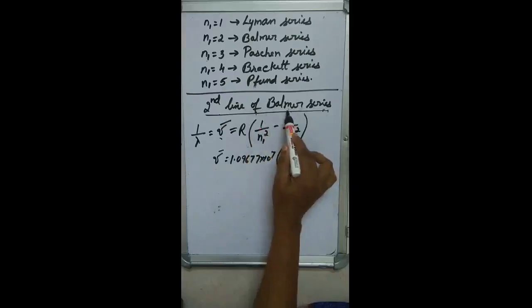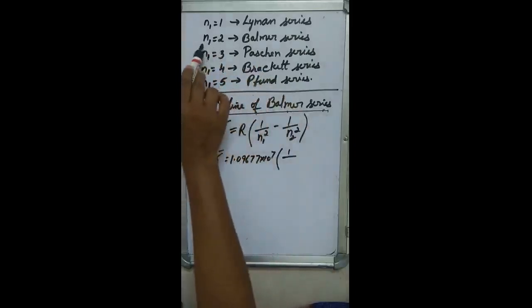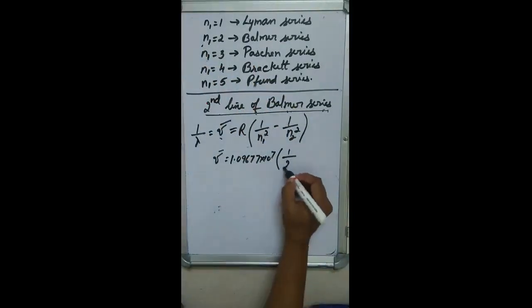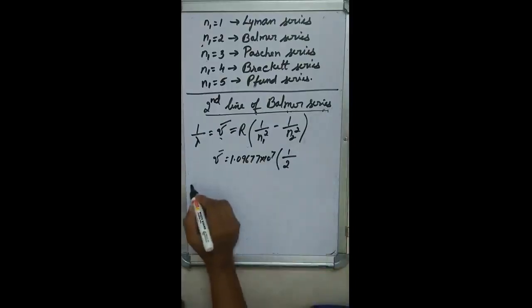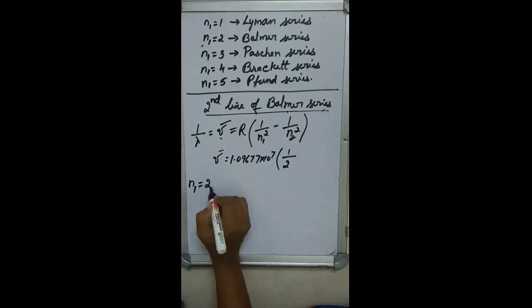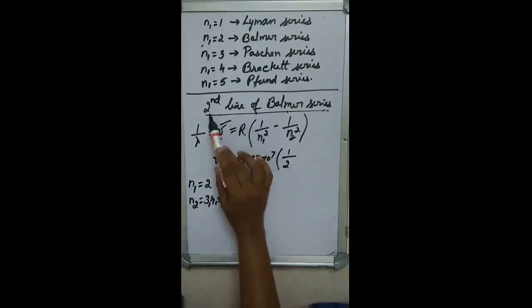what is the value of n1 for Balmer series? n1 is fixed, it is 2. For Balmer series, n1 is 2 and n2 becomes 3, 4, 5, 6, etc. But what is asked in the question?